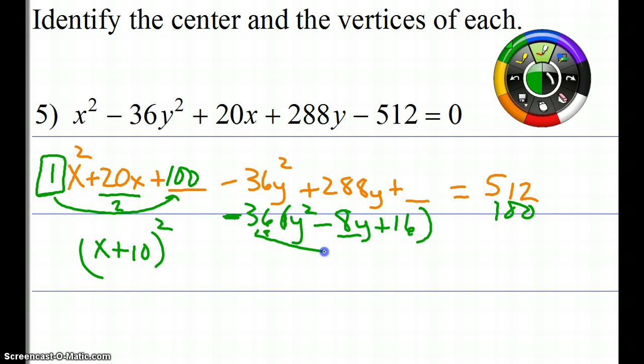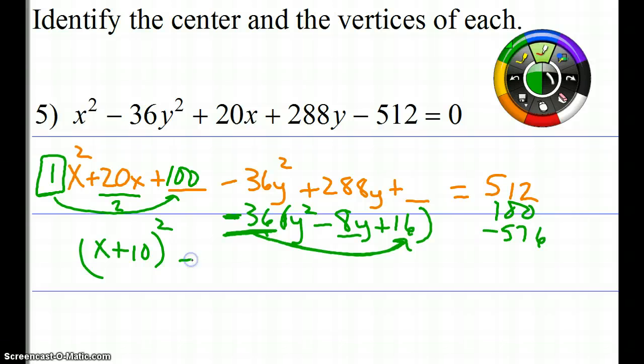Now what are we really doing to this side? We're not adding 16. We're not adding 36 times 16. But what we're really doing is subtracting 36 times 16. So let's find out what we have to do to both sides. So again, 36 times 16 is equal to 576, negative. So we have to do that to both sides.